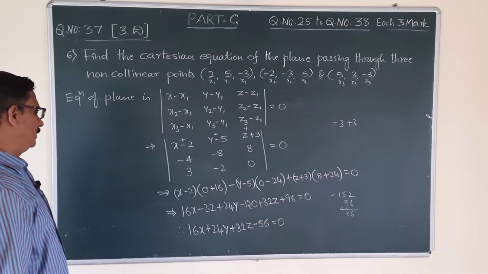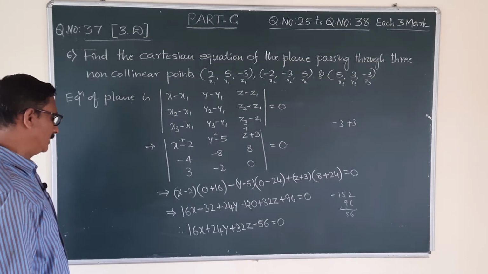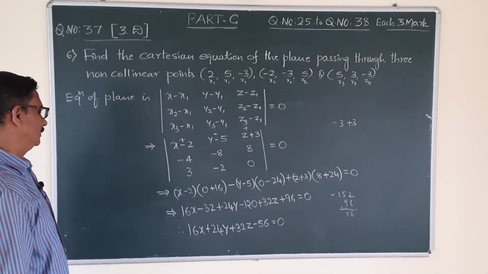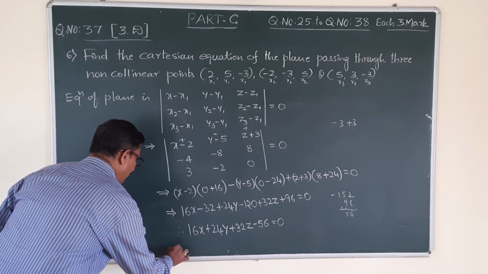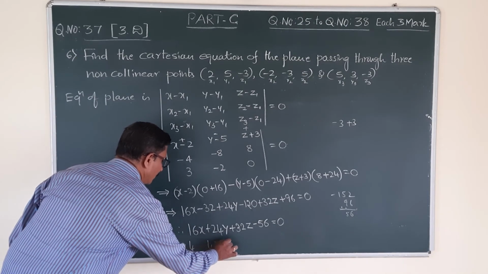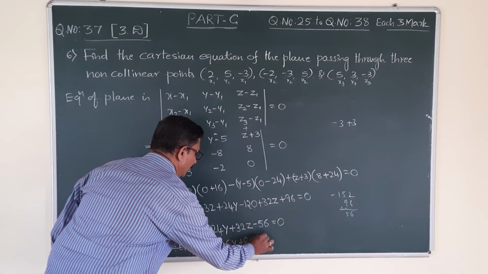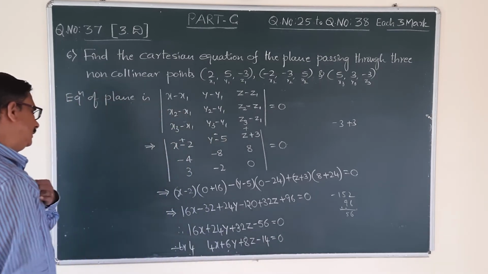Is there any common factor? Common number, I think 4 is common. Okay, that is minus 64. Now divide by 4: 4x, 4 6s are 6y, 4 8s are 8z, then 4 1s are 4, 4 4s are 16.